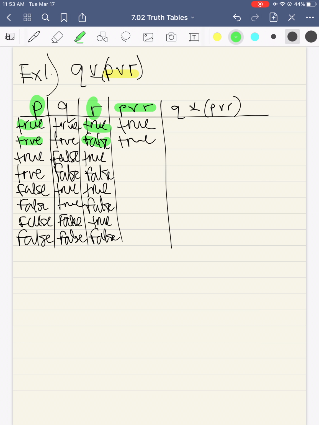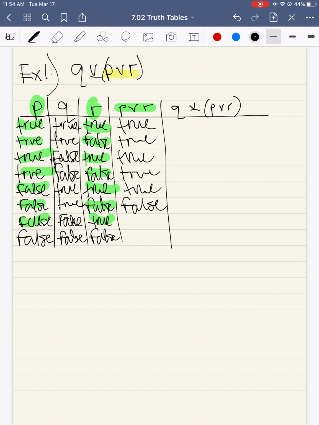And then I keep going. So true, true, that's true. True, false, that's true. Then we have false, true, which is true. And then false, false. Now we got our first false statement. And then false, true, that is true. And then lastly, false, false, that is false.